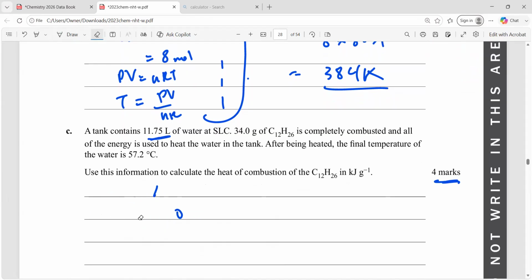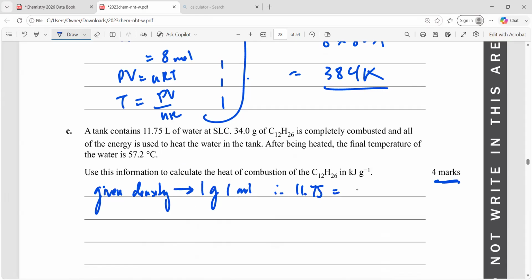So that's a change they made to the study design, but I'll just say, given density 1 gram per mil, therefore 11.75 liters is equal to 11,750 grams.